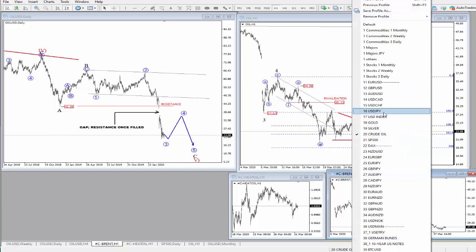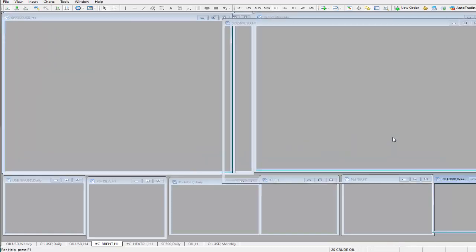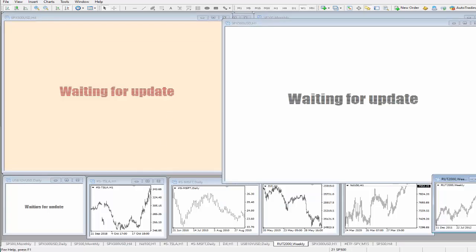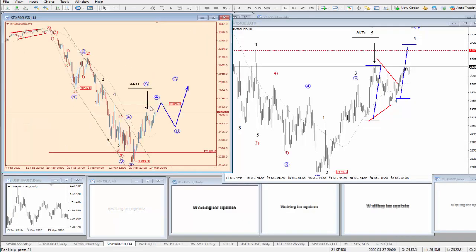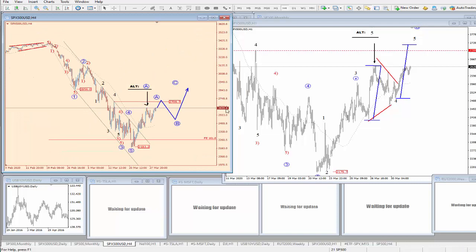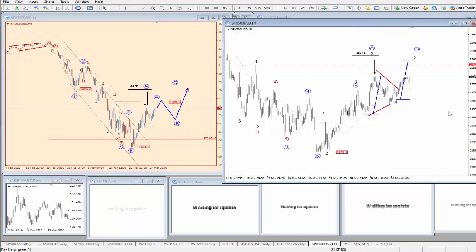At the same time, what could happen on the S&P 500 is that it will find resistance for wave A, maybe here around 2700. In fact, looking at the 1-hour chart here, maybe that latest price action was a triangle, and you are now going into the 5th wave.